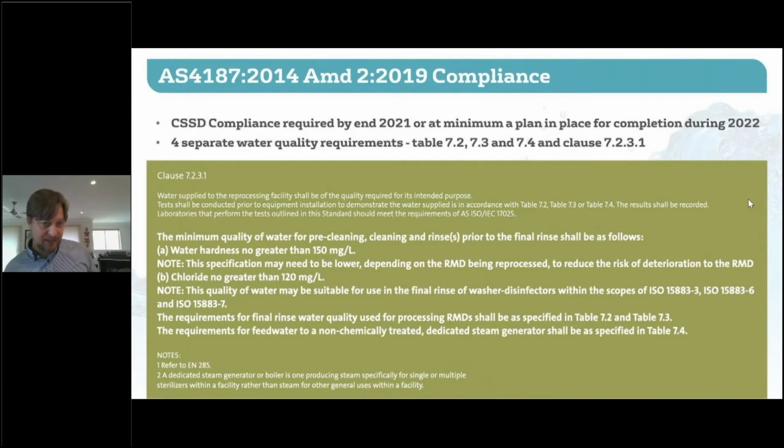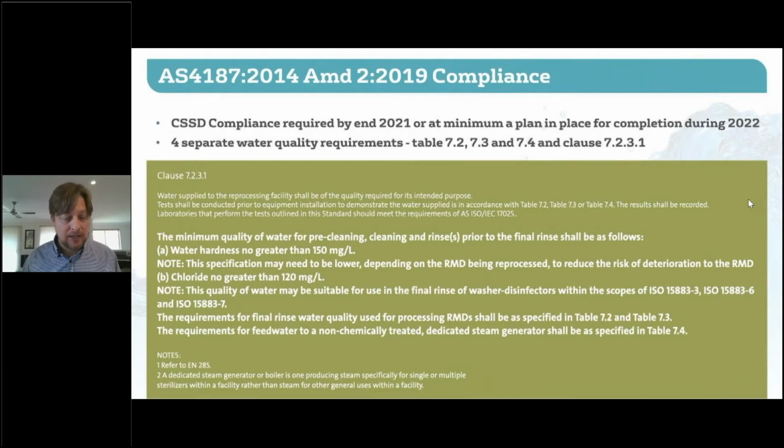It's covering water hardness not being greater than 150 milligram per litre, and chloride not greater than 120 milligram per litre. Now, in most cases, your mains water that's feeding your sites will meet these requirements, but not in all cases. There will be some sites, especially rural sites, where your water hardness may be greater than 150 on a semi-regular, if not regular basis, or your chloride levels might be higher than 120.